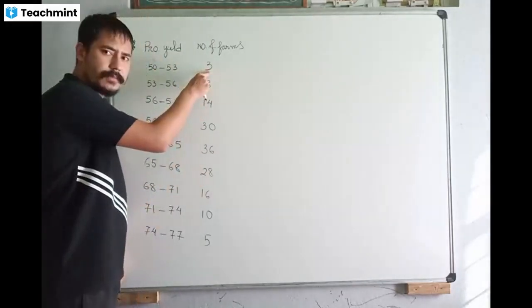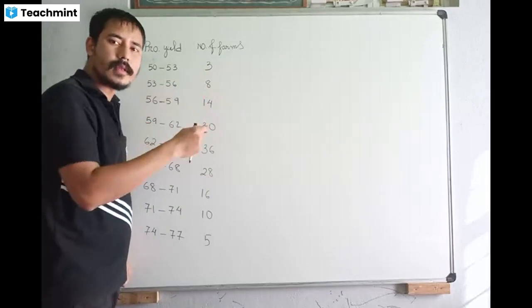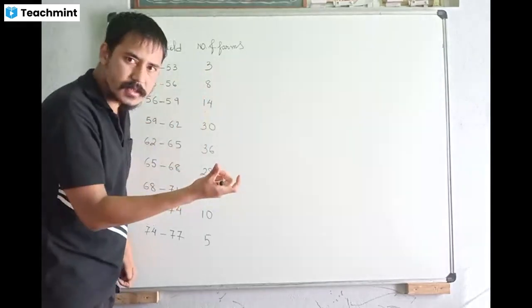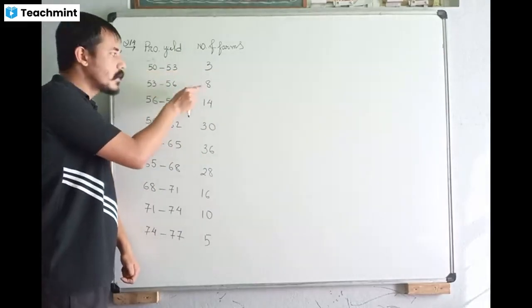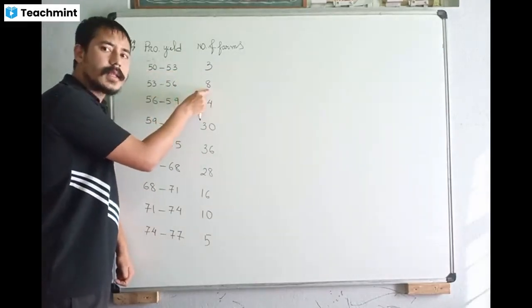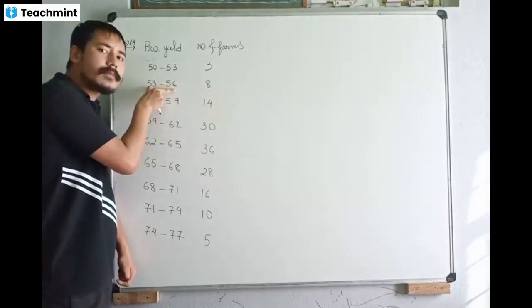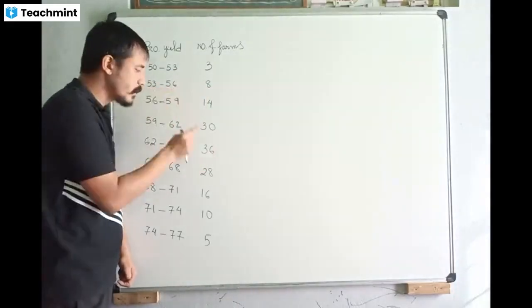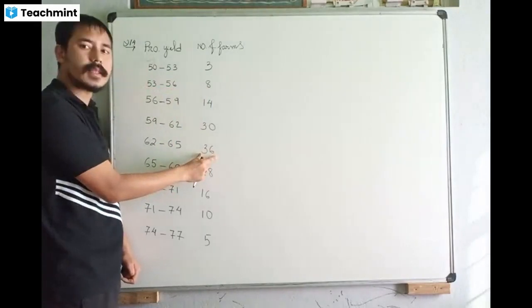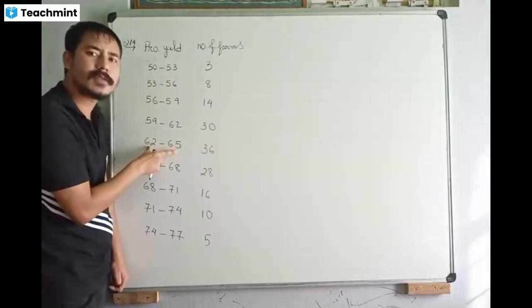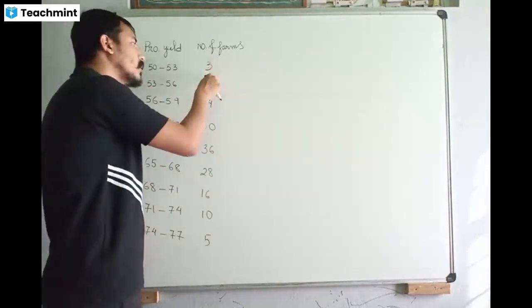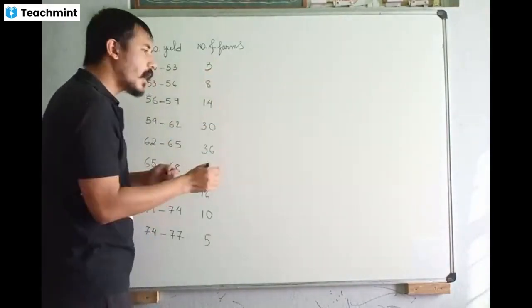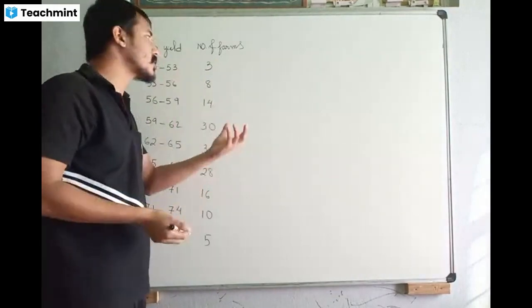This number 3 gives you the number of times the items of this group have occurred. This number 8 gives you the number of times the items of this group have occurred. This 36 gives you the number of times the items of this group have occurred. So these numbers are the number of times in which the items of your group have occurred.